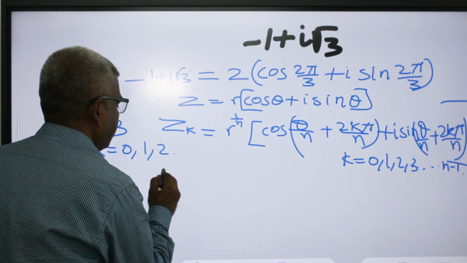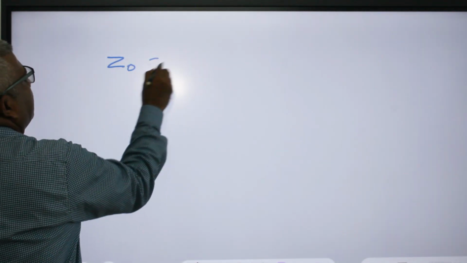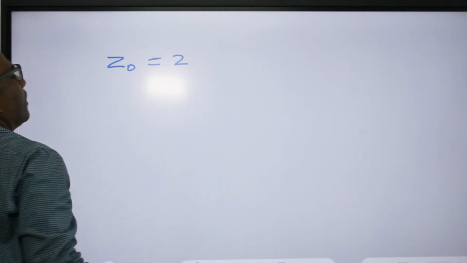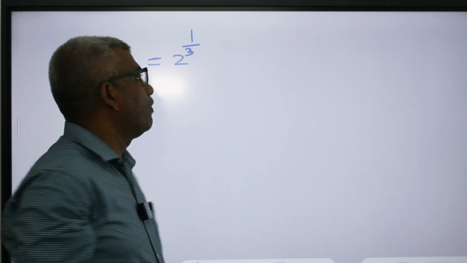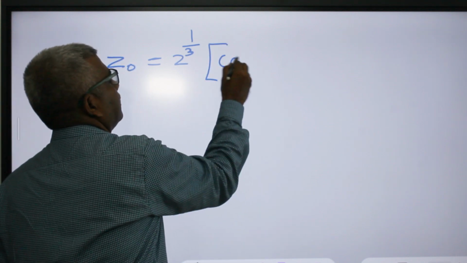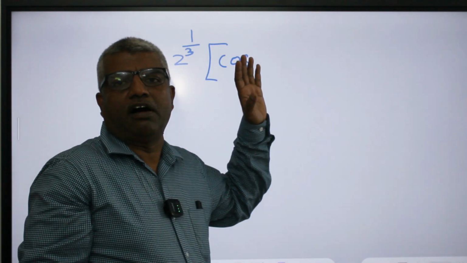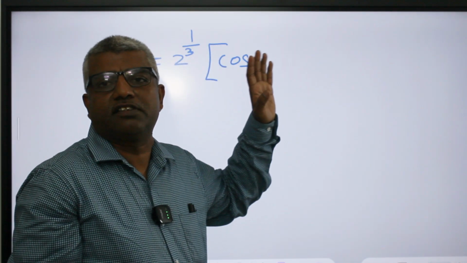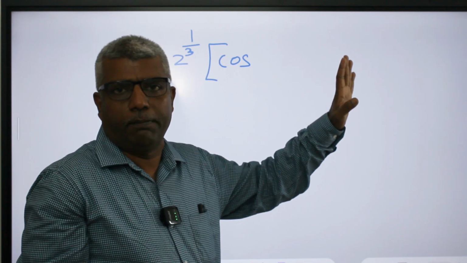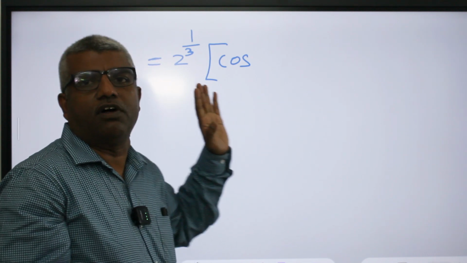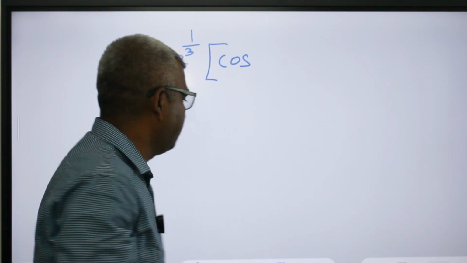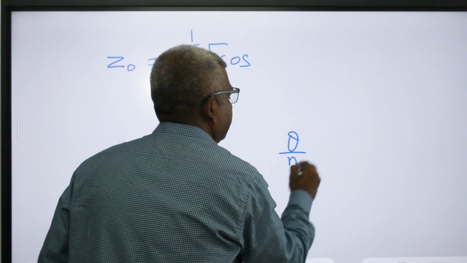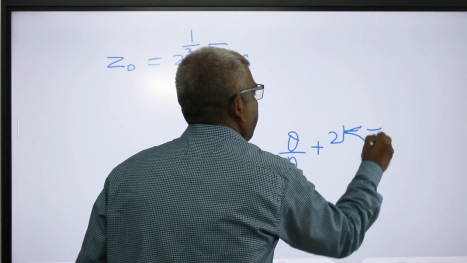Now z0 is 2 power 1 over 3. What is the formula? r power 1 over n, cos of theta by n plus 2k pi over n.